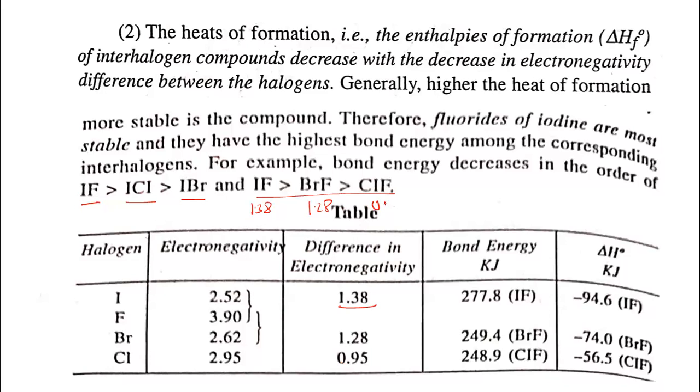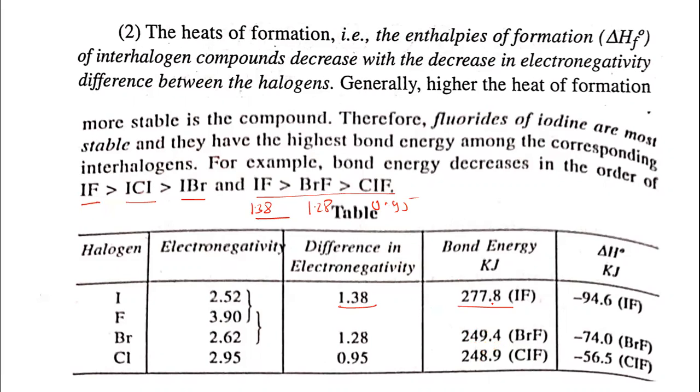As the electronegativity difference is larger in the case of IF, the heat of formation is also greater. You can see in this table the bond energy is also given. For IF, the bond energy is 277.8. It means that IF is more stable. For BrF, the bond energy is less, and for ClF, the bond energy is also less.